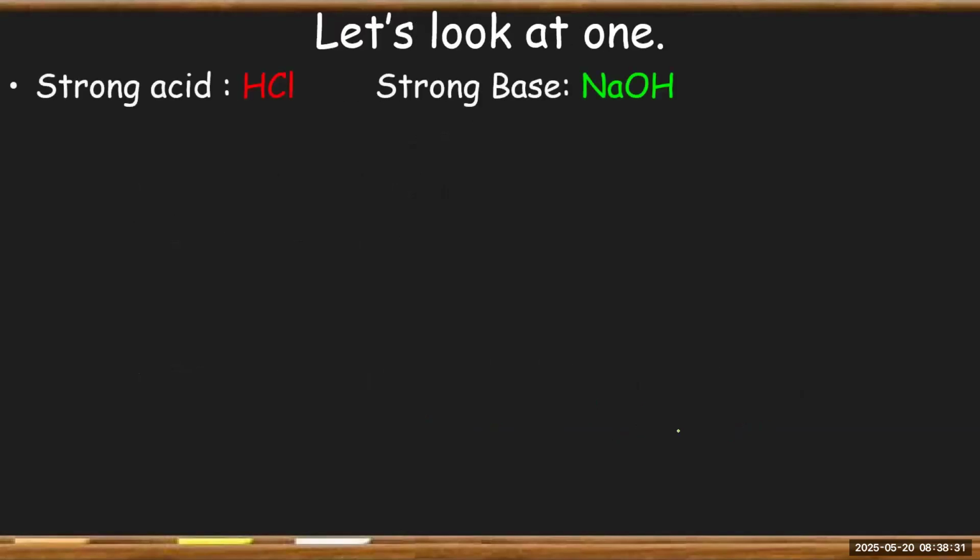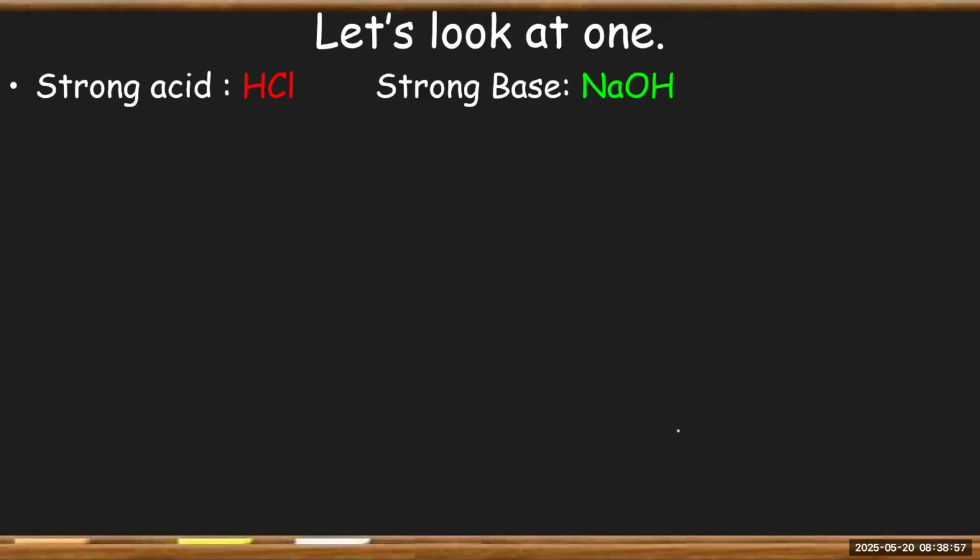I'm going to pick a strong acid. HCl is one of the strong ones. It's one of the three major strong ones: you've got hydrochloric, sulfuric, and nitric. There are others, but those are the three major strong ones. Strong bases, be careful: most bases on the base chart are actually weak. Sodium hydroxide is a super strong base.